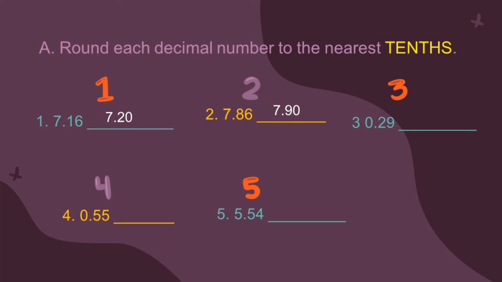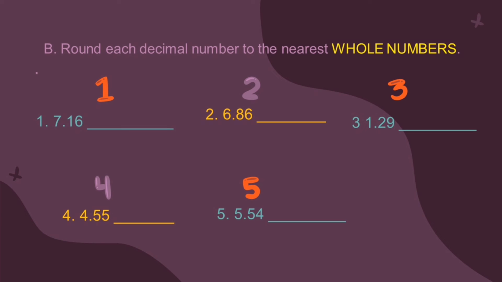Very good. Number 3, 0.29. We round off to the nearest tens. The answer is 0.30. And number 4, 0.55. Round off to the nearest tens. 0.60. Very good. And number 5, 5.54. Round off to the nearest tens. Very good. 5.50.